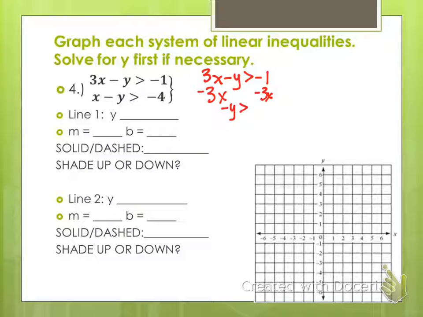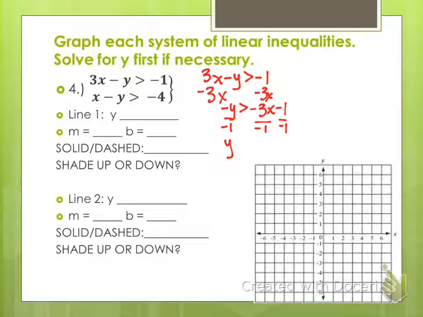That leaves me with a negative y is greater than negative 3x minus 1. Jamal, what else do I have to do? Very good. Divide everything by negative 1 so that our y comes out to be a positive y.